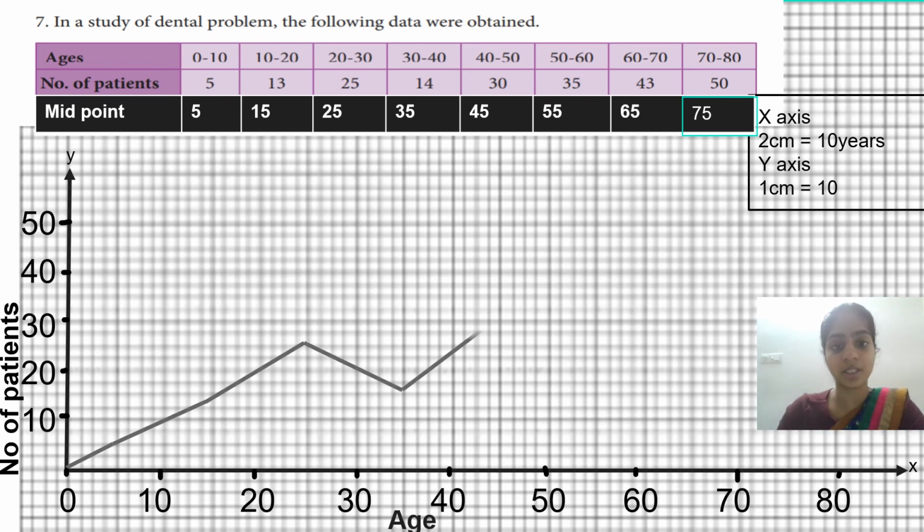Then from there to 35, 14, and 45, 30, then 55, 35, 65, 43 and 75, 50. Once we have joined all of these points, we get the frequency polygon which we are trying to find. Here we have not used a histogram and we have directly found the frequency polygon.